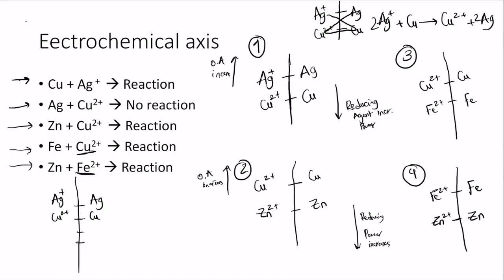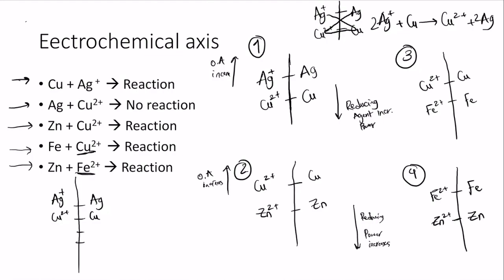Now we need to look at the Zn and Fe. Here we have Zn below Cu, and Fe below Cu. But how to place them? Fe is above Zn as well.